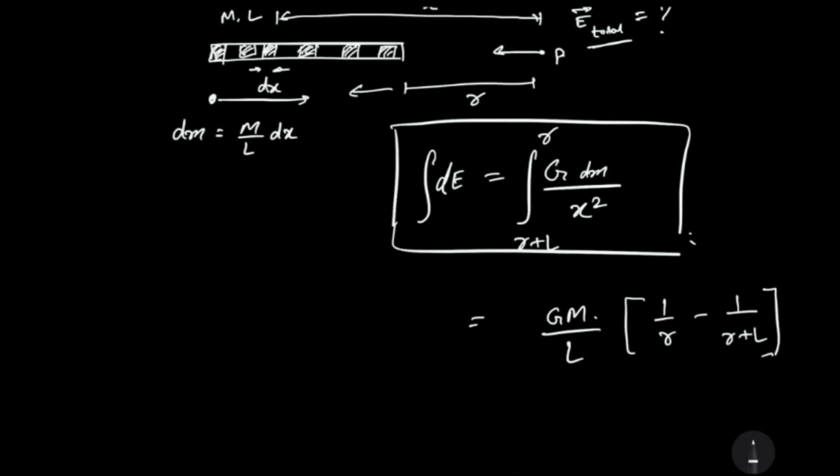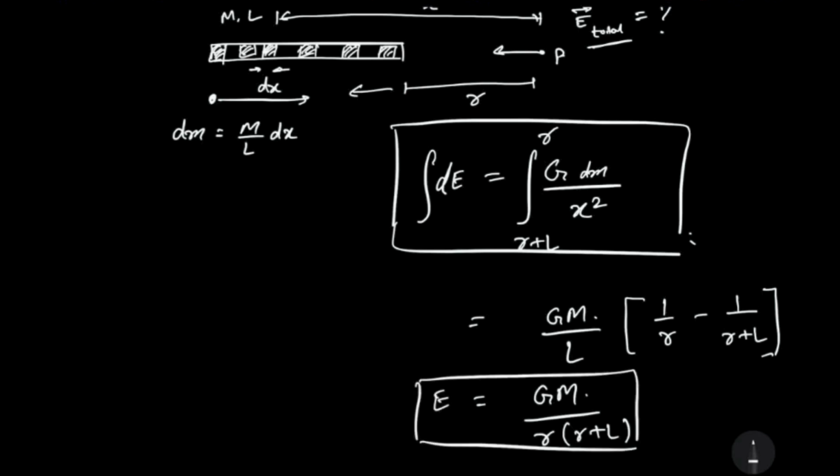This is what you are going to get, okay? You simplify this further, you'll get Gm times r plus L minus r, so L will get cancelled, and you'll get r times r plus L. So this would be the value of gravitational field.